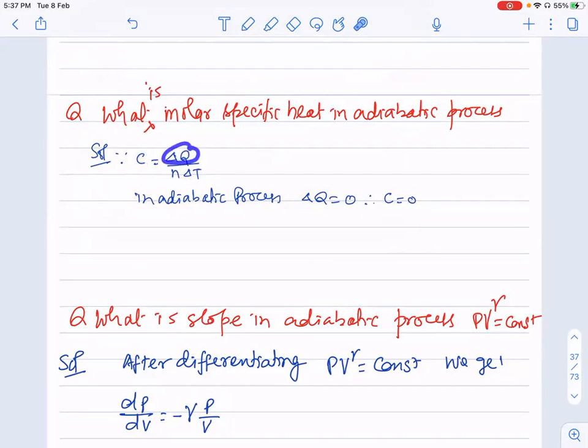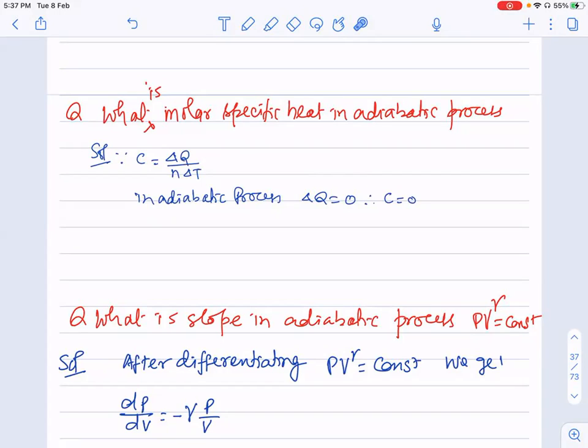But heat transfer is zero in the adiabatic process. Delta Q is zero, so C is zero. So molar specific heat is zero because no heat is supplied to the system.